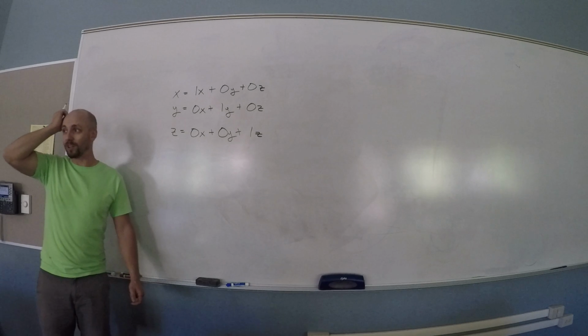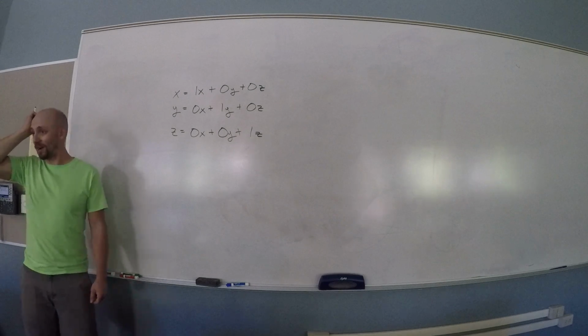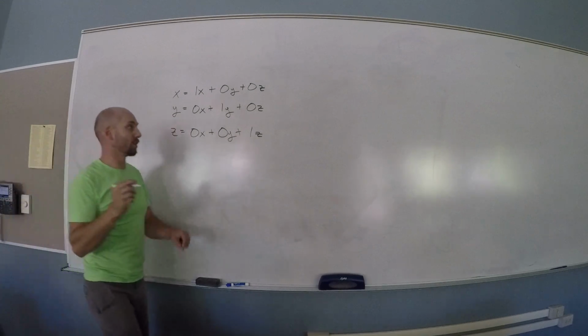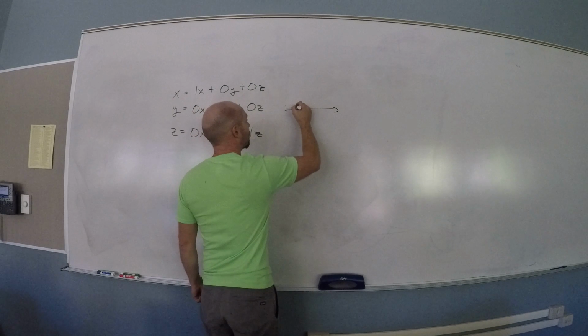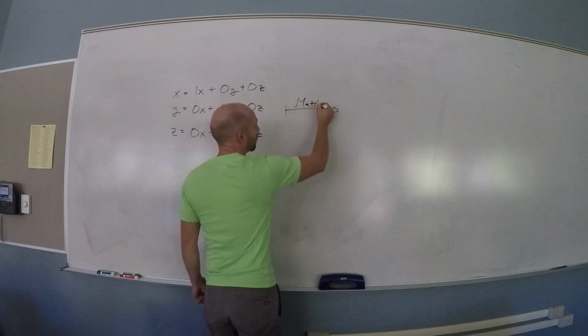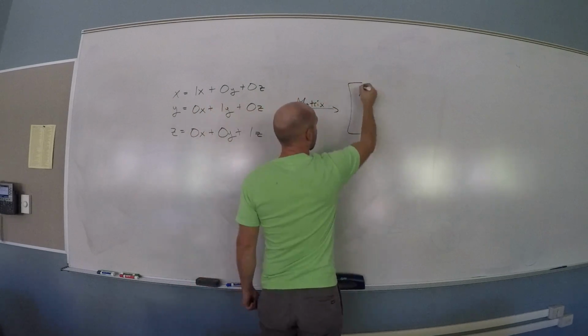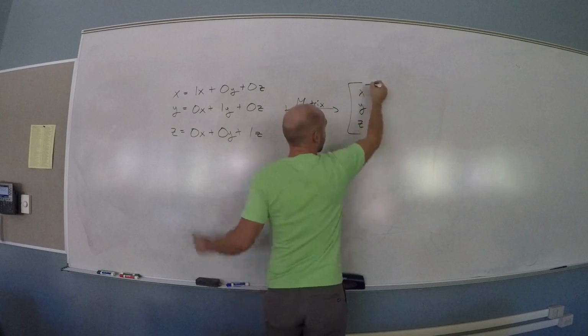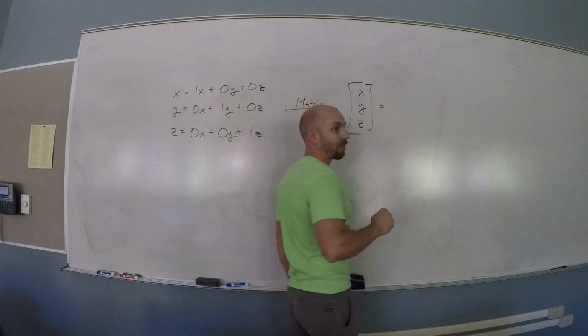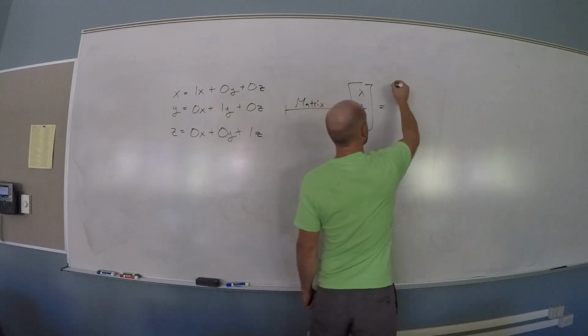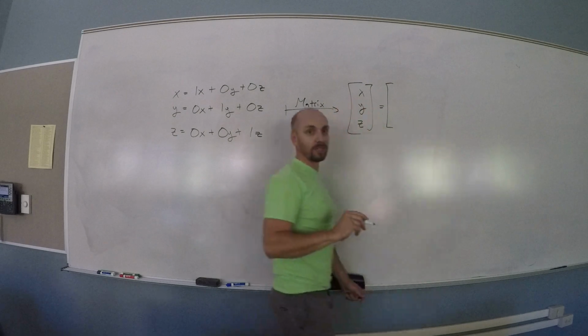Okay, I know this seems really, really dumb. Like straight up dumb. Convert this to matrix land. So in matrix land, that's a vector x, y, z on the left. And on the right, there's a system of equations.